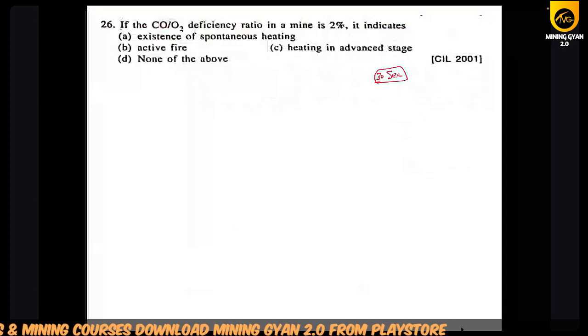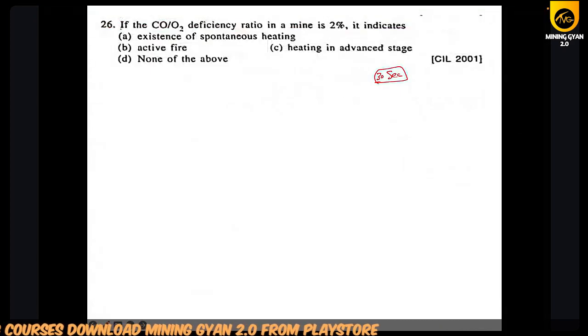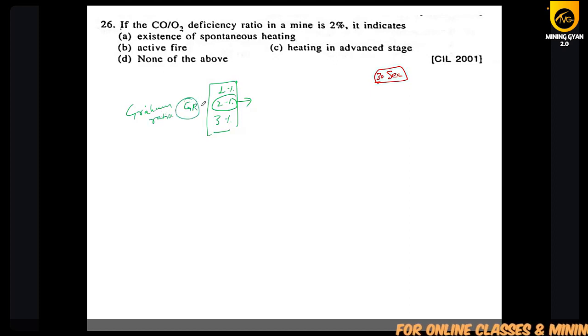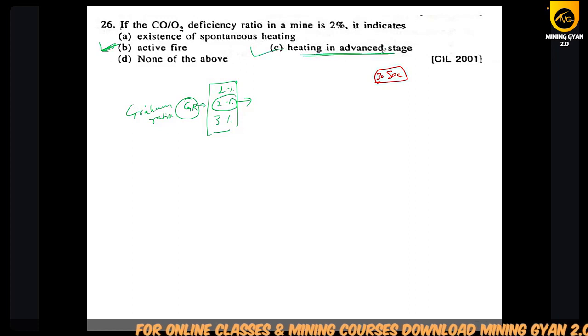I think we have discussed this, what will happen at 1%, 2%, 3%. Okay. So at 2% level, if the CO by O2, that is Graham ratio, GR percentage is 2%, then what will happen? It will be heating in the advanced stage.